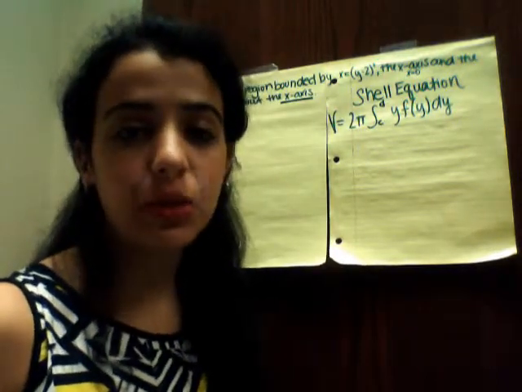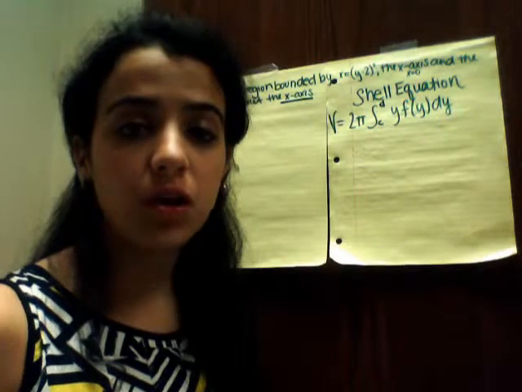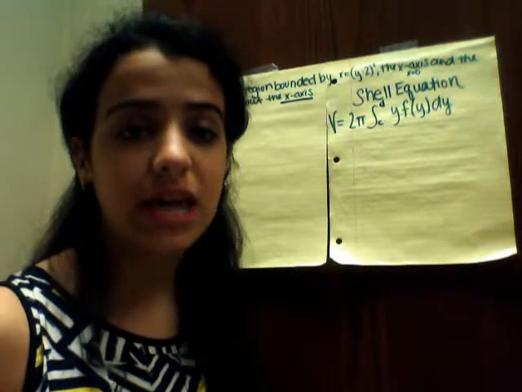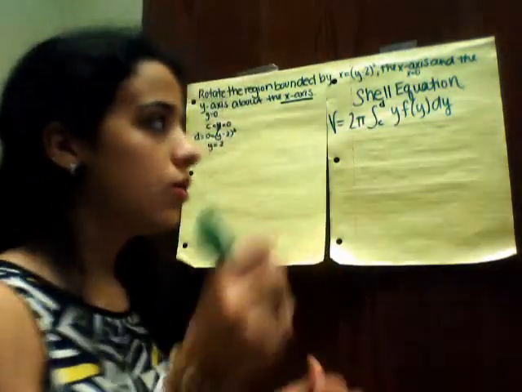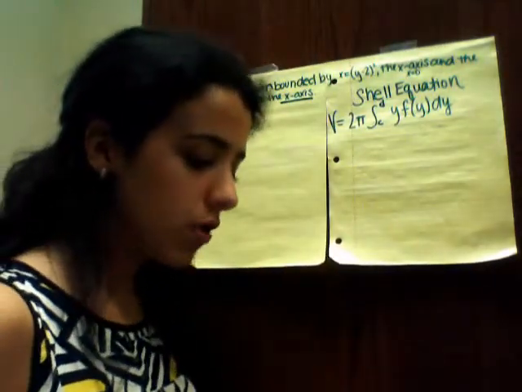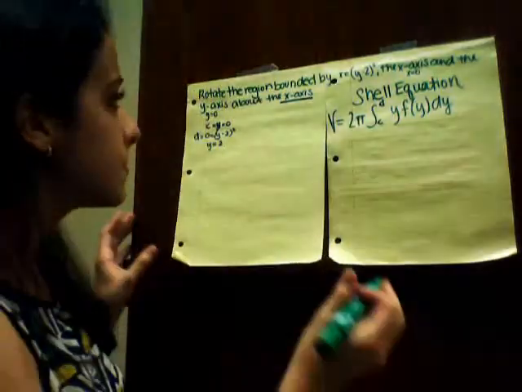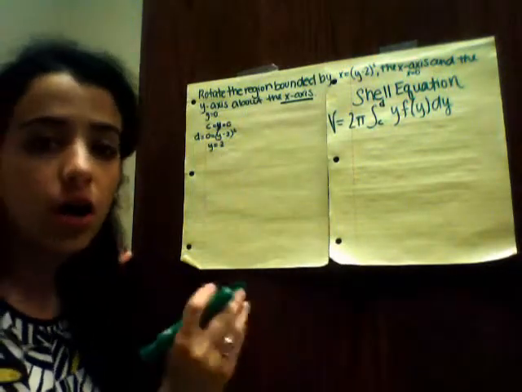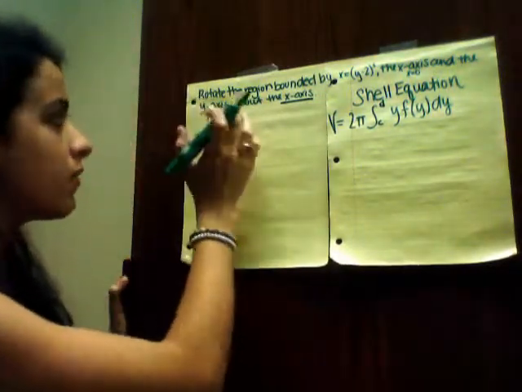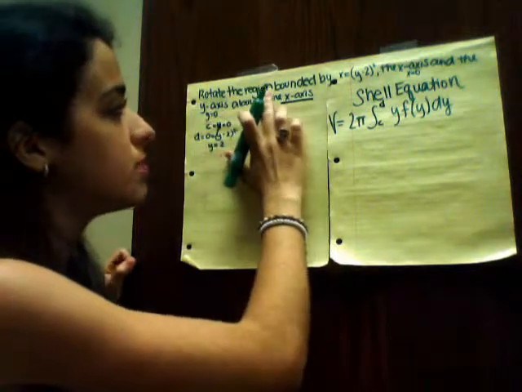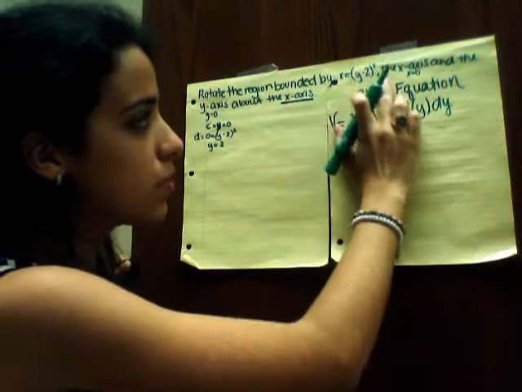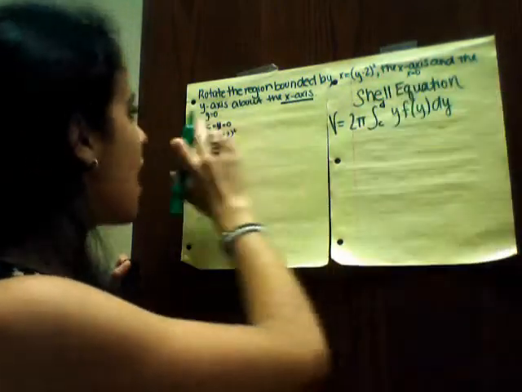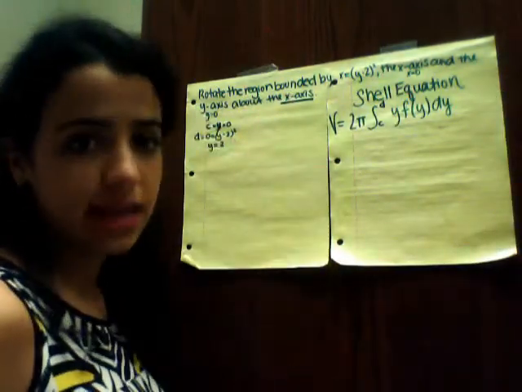So for this assignment, we need to find the volume of a specific region between two different equations. Our question says to find the volume of the region bounded by x equals (y minus 2) squared, the x-axis, and the y-axis, rotated about the x-axis.